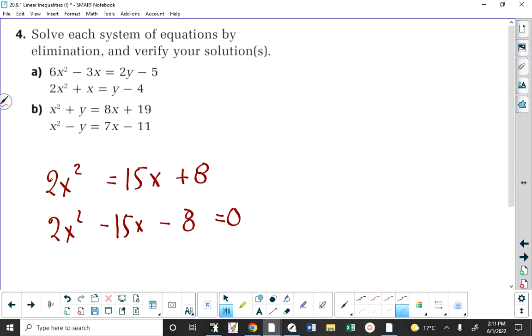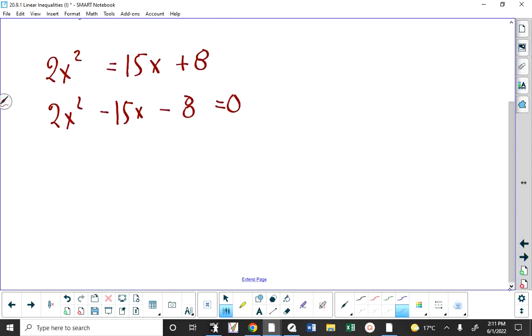I think b squared minus 4ac is 289. I think 289 is 17 squared, but I would like some confirmation. Seeing some people nod. So b squared minus 4ac is 289. It's a perfect square of 17, which means it's factorable.